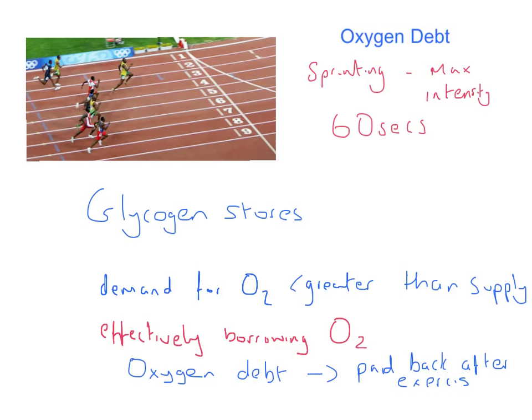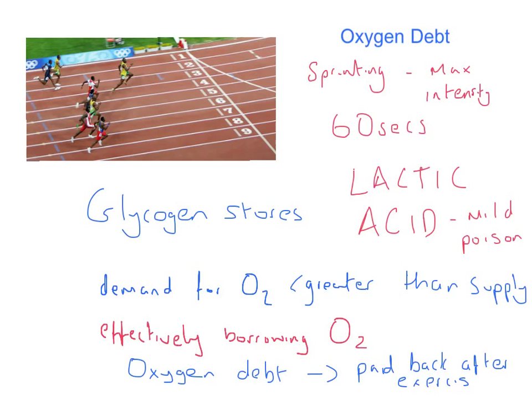Now whilst we're borrowing this oxygen, we then get a byproduct or a waste product called lactic acid. Now I'm going to write that up here. Lactic acid. Now lactic acid is a mild poison, okay? It's a waste product of anaerobic respiration.